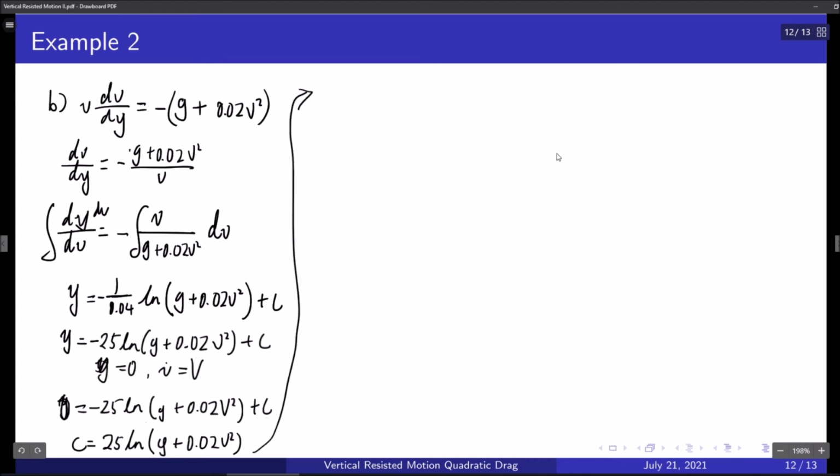If we combine everything, we can just say y equals 25, because we can factor 25 out, log. Because we are subtracting two logs, we can just turn it into a division. Just to make the two v's more different, log g plus 0.02 v squared over g plus 0.02 v squared.